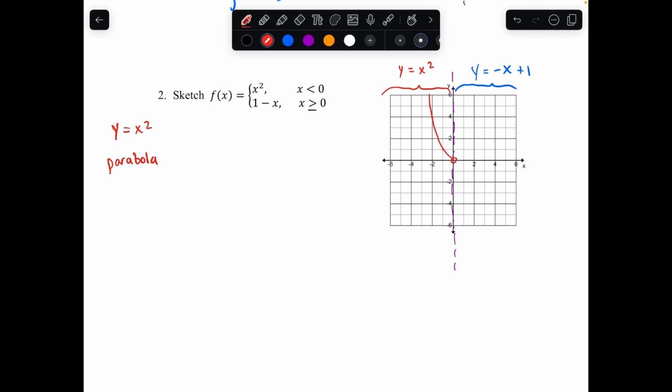And now I can look at the right side. The right side is y equals -x plus 1. Now, what is negative x plus 1? It's a line with slope negative 1, and it has a y-intercept of 1.